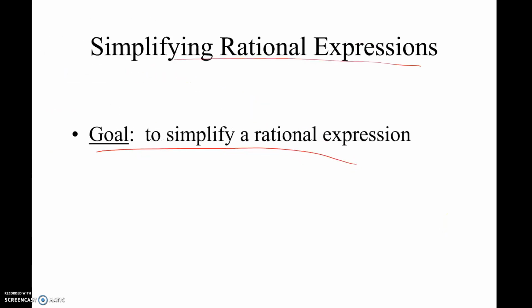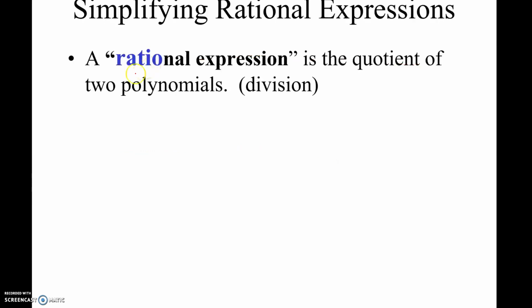When I'm talking about rational expressions, we see the word ratio in there, and we know a ratio is just a comparison of two things, and it is a quotient of two polynomials. So I have one polynomial up here and one polynomial down here.